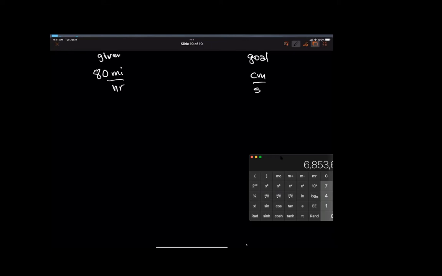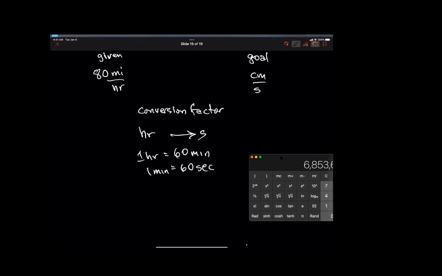So what conversion factors do I need? I need to take hours and convert them to seconds. I know that in 1 hour, there are 60 minutes, and in 1 minute, there are 60 seconds. So I can use that for my time change. And then for miles, let me find out if there's a convenient conversion factor in my appendix that will take me from miles to meters.